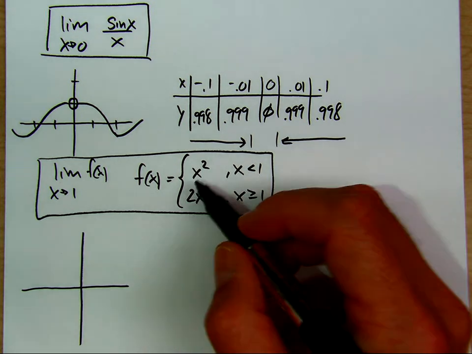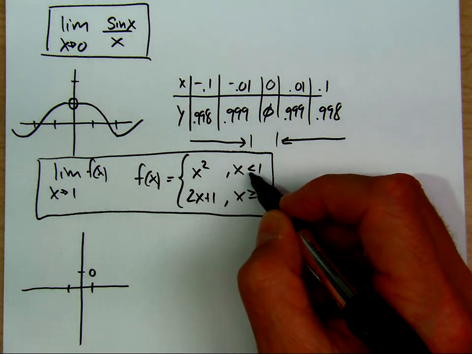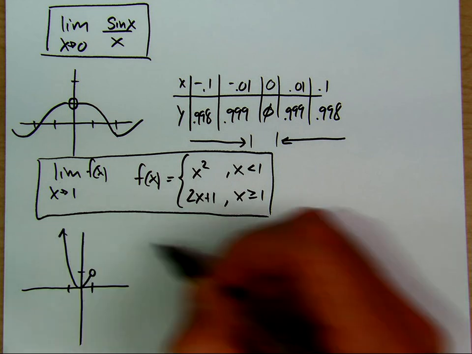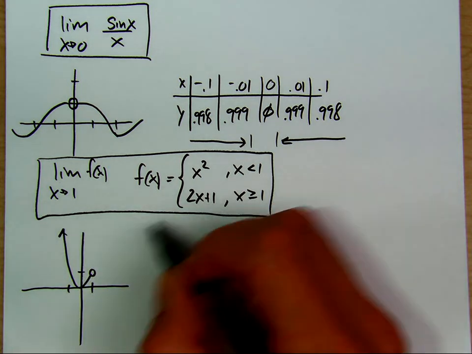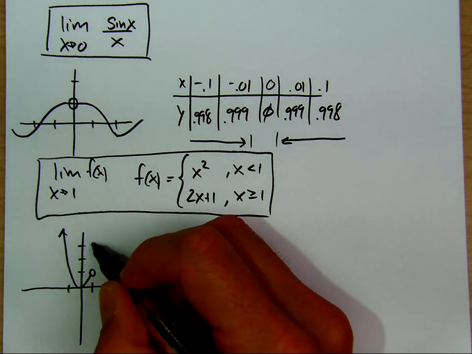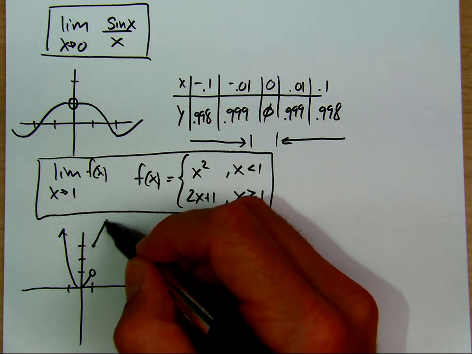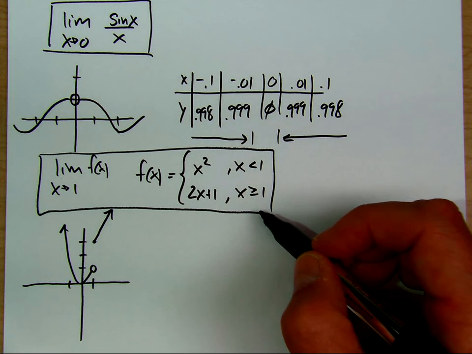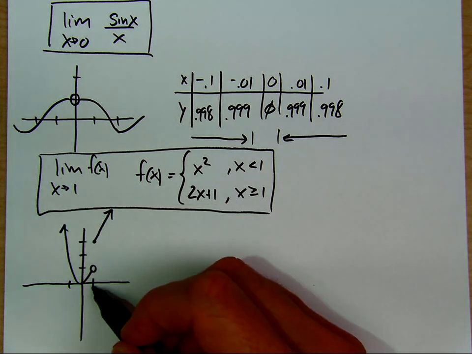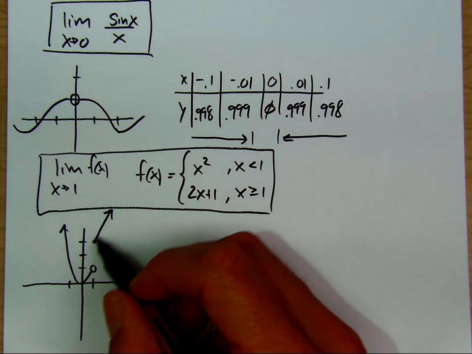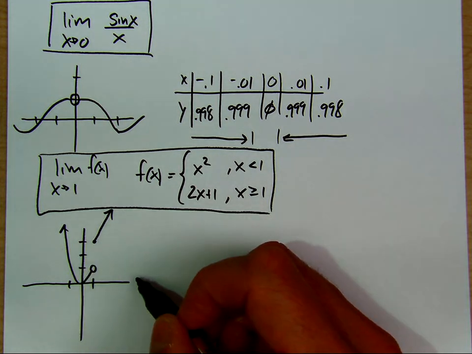So let's look at the parabola to the left of 1, open circle, and we'll look at this line with a y-intercept of 1, and then up 2 over 1, up 2 over 1, closed circle. And now we can say, what's the limit of f as x goes to 1? From the graph, we can see that from the left, it's approaching 1. From the right, it's approaching 3. So the limit does not exist.